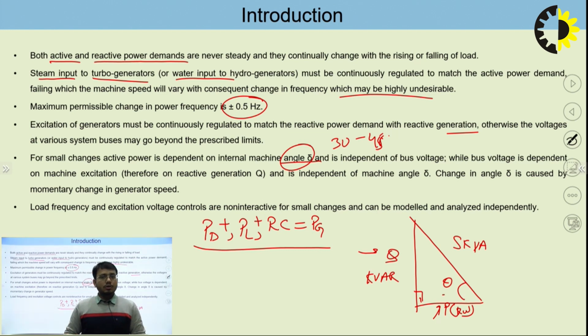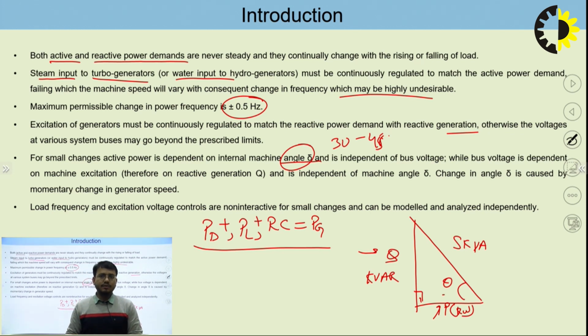There is one more reason why we treat them independently: the frequency control and voltage control are two types of controllers. Voltage control is carried out by the exciter, the device which controls the excitation of the generator.